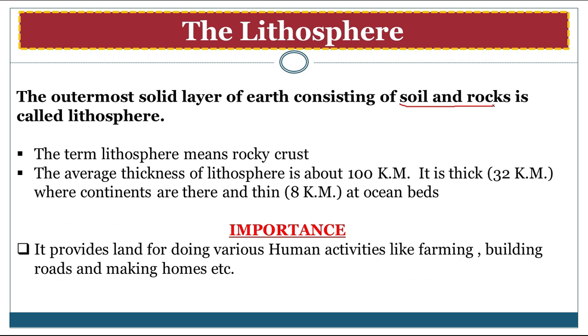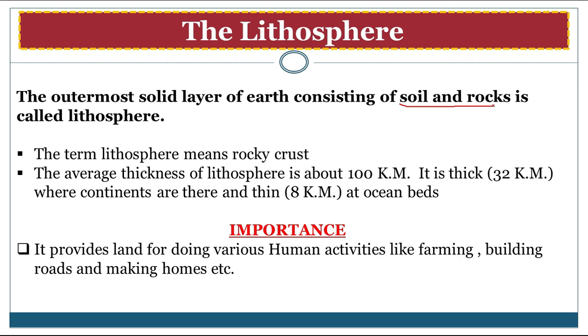The term lithosphere means rocky crust, and the average thickness of lithosphere is about 100 km. It is approximately 32 km thick where continents are, and approximately 8 km thin where ocean beds are.